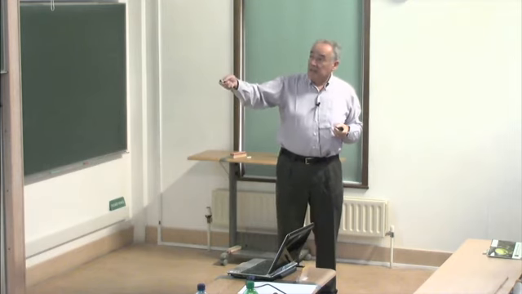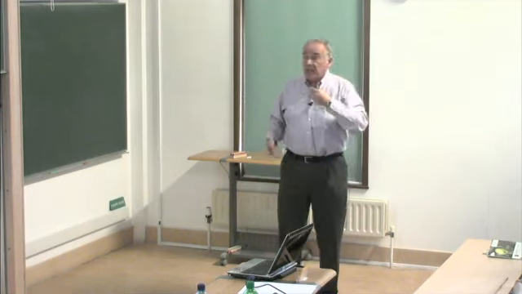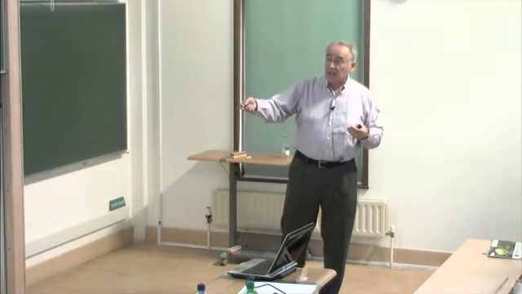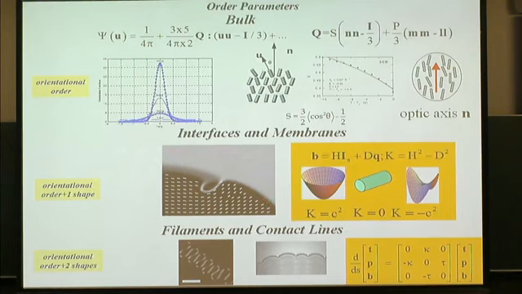When we deal with interfaces and membranes, in addition to the orientational order parameter, we want to describe the shapes of things. So we have parabolic, hyperbolic, elliptic surfaces. Here the most convenient way to couple B and Q is the curvature tensor, which is minus the surface gradient of the unit normal.